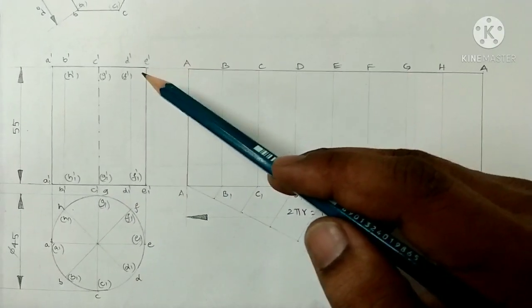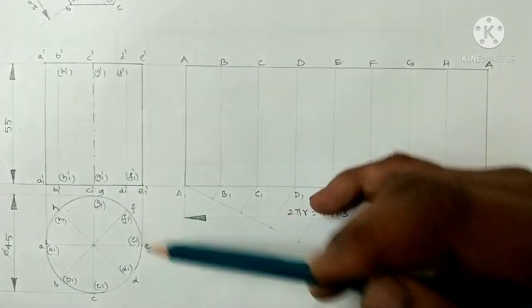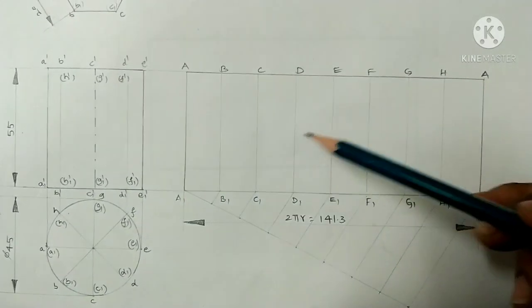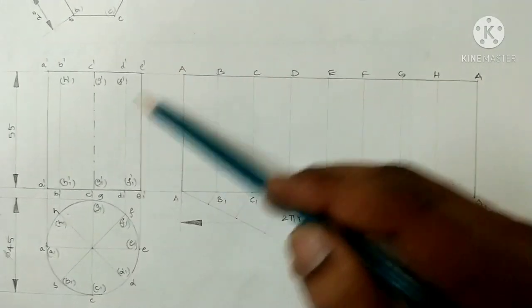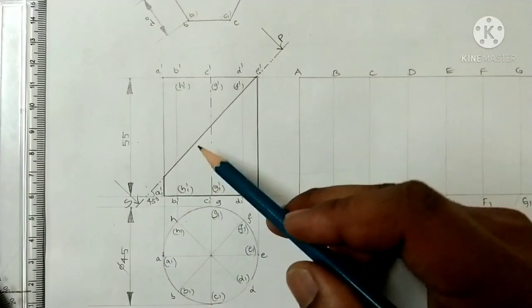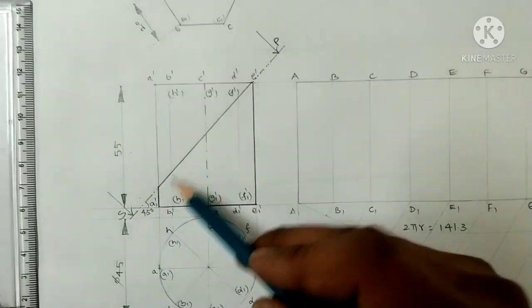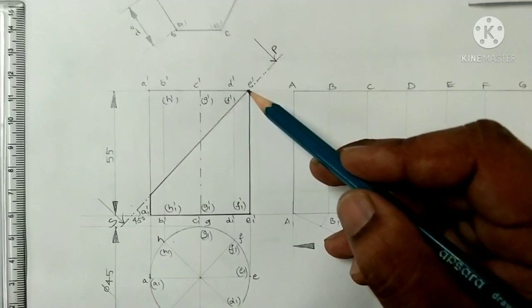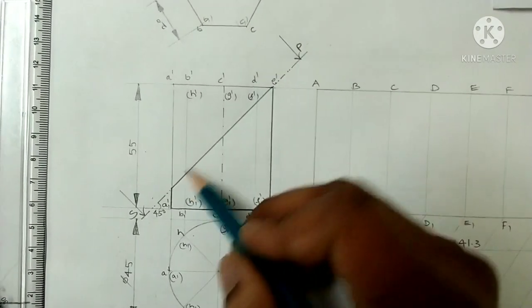So we construct a 45 degree line passing through this point, and for the remaining portion we show the development of lateral surfaces. Here we can see the position of the sectional plane, making 45 degrees with the horizontal plane and passing through the top right corner of the cylinder. If we observe, the sectional plane is cutting all the generators.